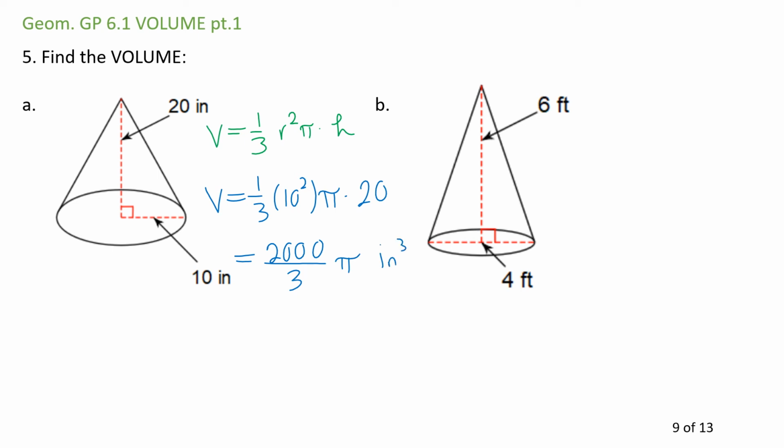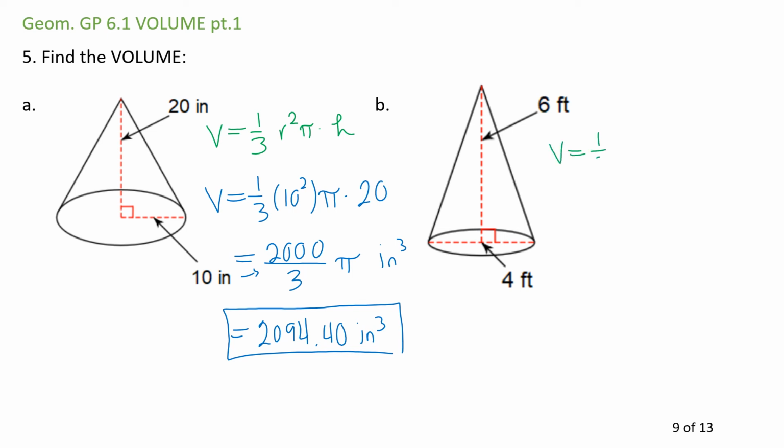Now this is an example of where giving you the decimal approximation probably makes more sense. Trying to find the decimal approximation, it is actually 2094.40. What I mean is your calculator is not likely to give it to you in this form. So I actually went with the decimal approximation right off the bat on that one.